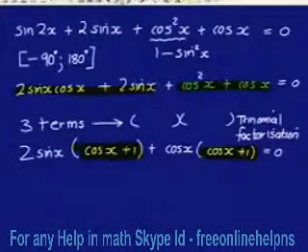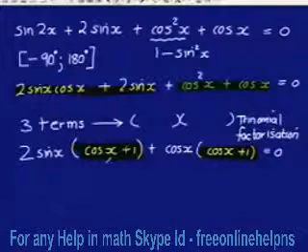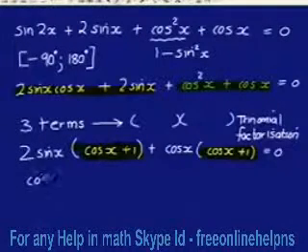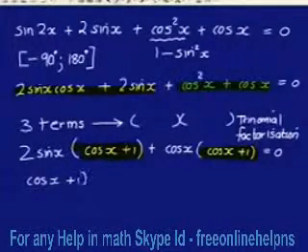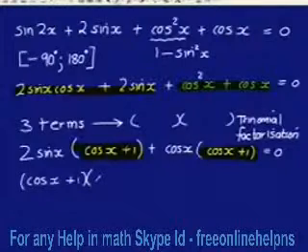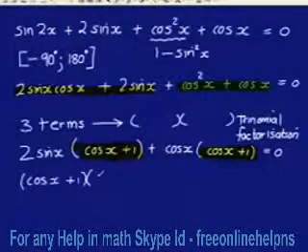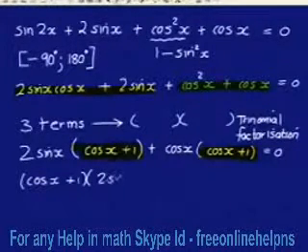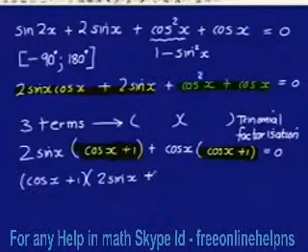So what does that now mean you can do? It means that you can take the cos x plus 1 as a common factor. Okay. Keep on going. What is my next bracket going to read? It's going to be cos x plus 1 into 2 sine x plus cos x.